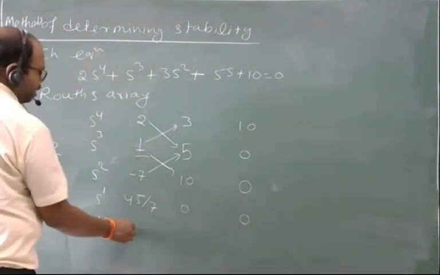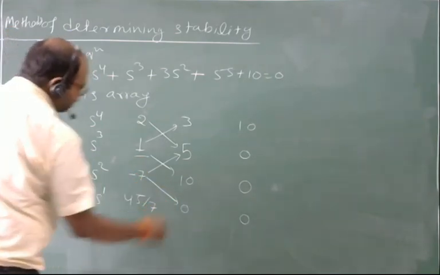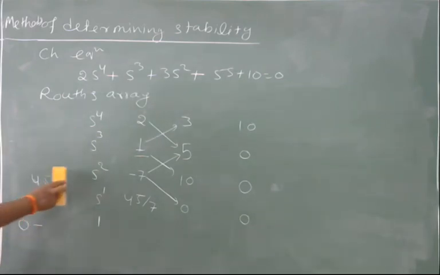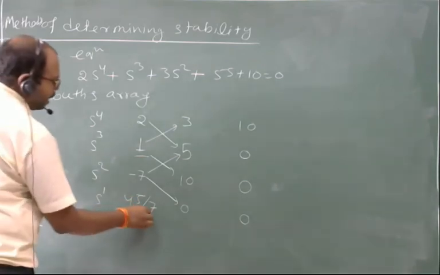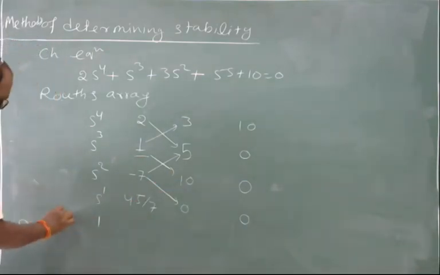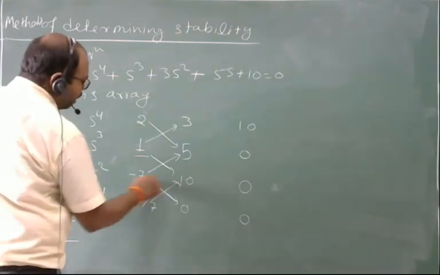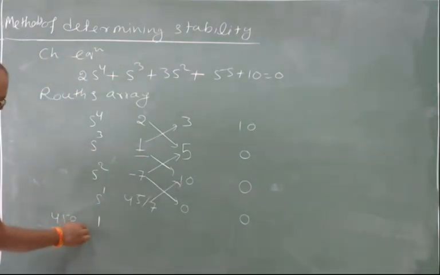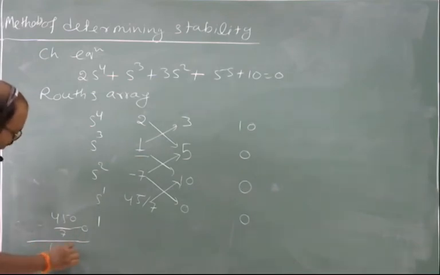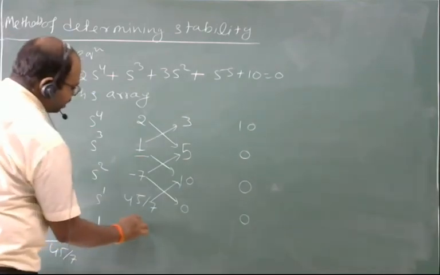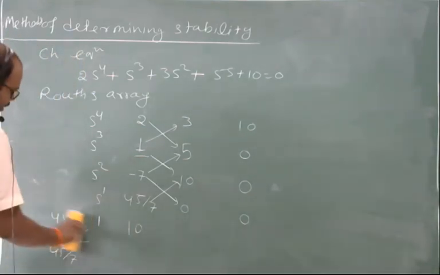And here the value will be, minus 7 into 0 is 0, minus 45 by 7 into 10, that is 450 by 7, divided by, sorry, first this value minus this value. So 0 minus ... divided by 45 by 7, and this gives 10. So here I will have the value 10.